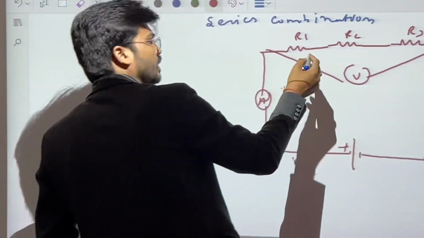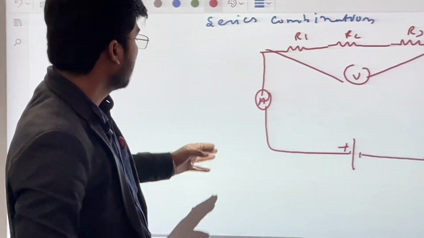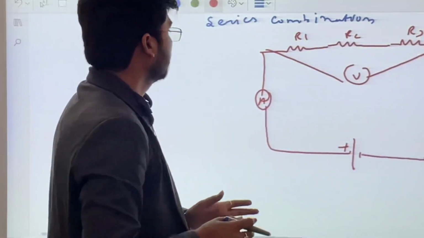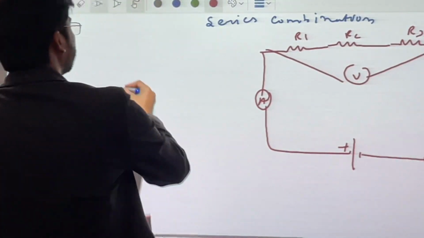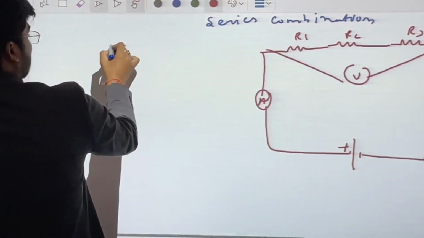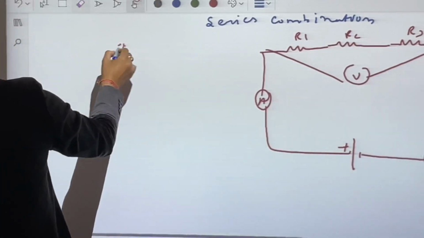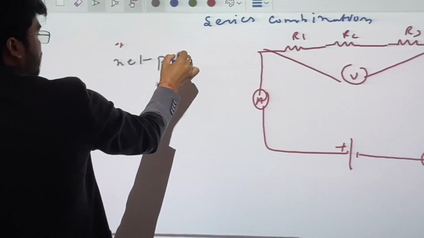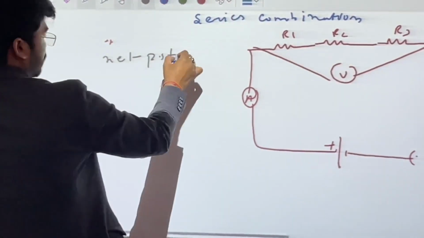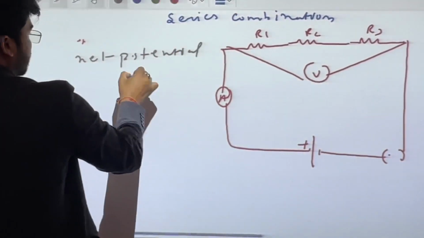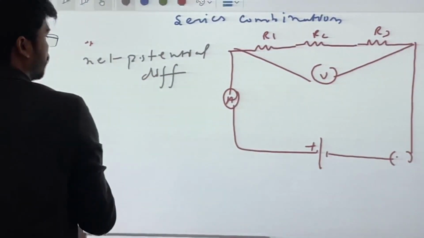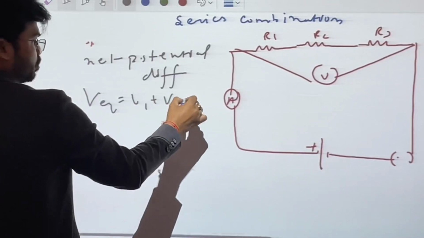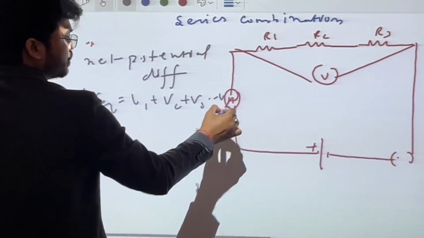We know that current will be the same for each resistor and V for each resistor will be different. So we will find the net potential difference. V equivalent equals V1 plus V2 plus V3 up to Vn, and so on.